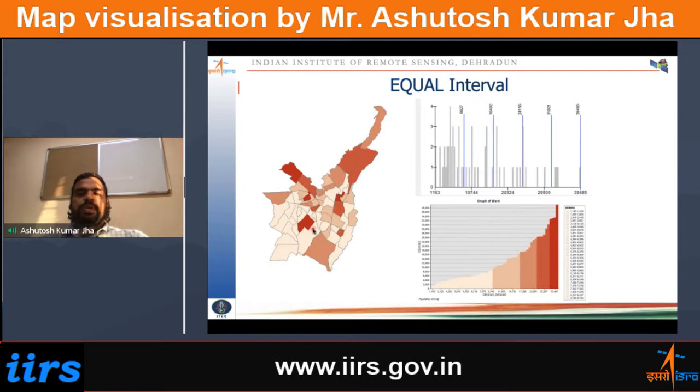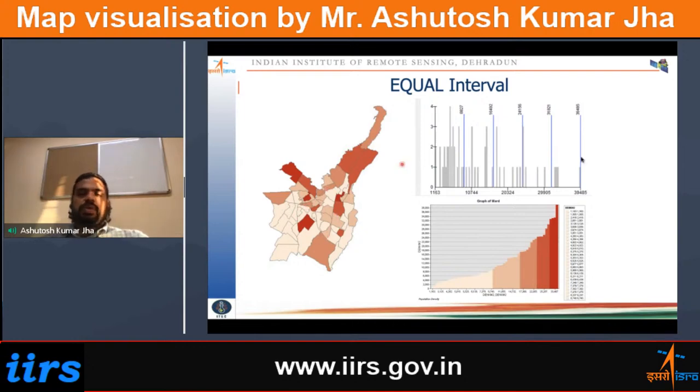What it means is that the whole range of your data set is divided equally. So the data sets are grouped together on the basis of ranges. In such cases of equal interval, the number of polygons with the same class is expected to be equal.